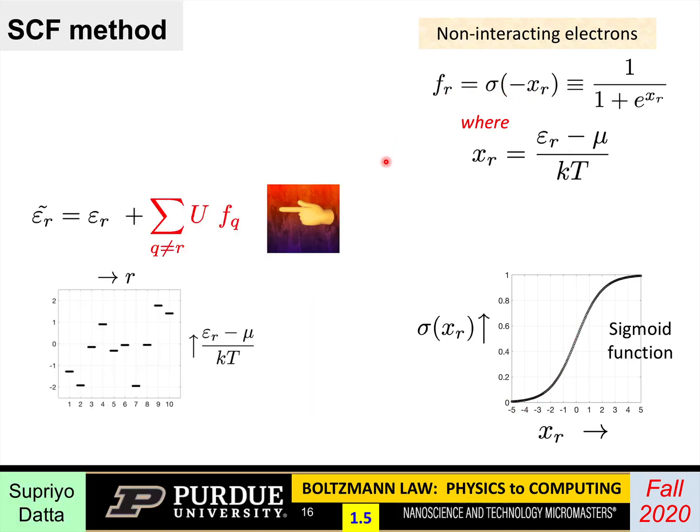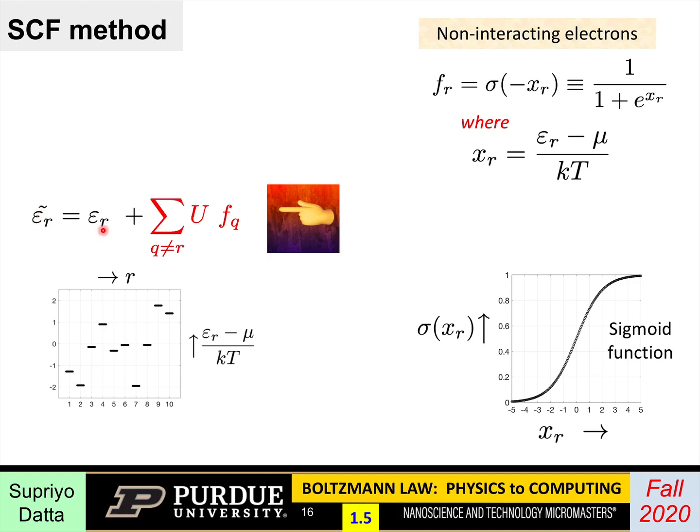Now, the self-consistent field method says that these bare energy levels are these epsilons, but we define an interacting energy level, which we have put this tilde on.